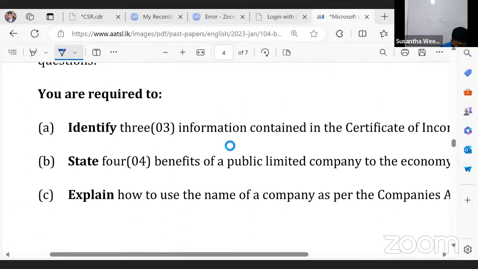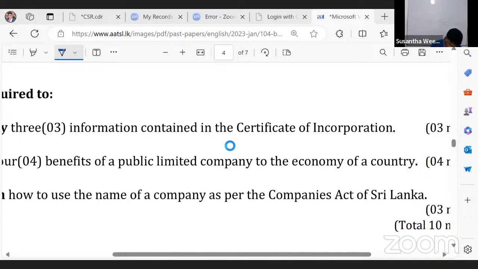Right. Identify 3 information contained in the certificate of incorporation. Once the company is incorporated under the Companies Act, the certificate includes different information, mainly the name of the company, right?